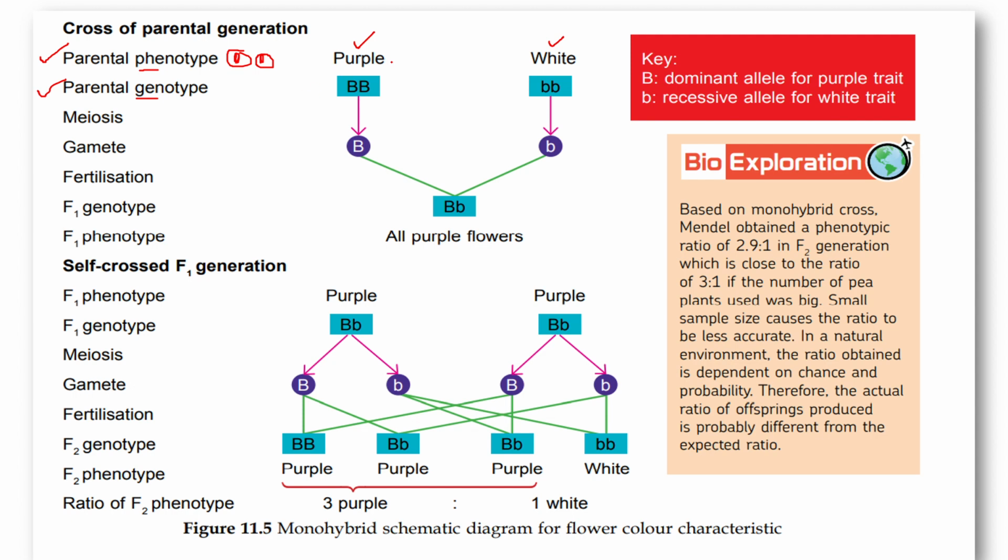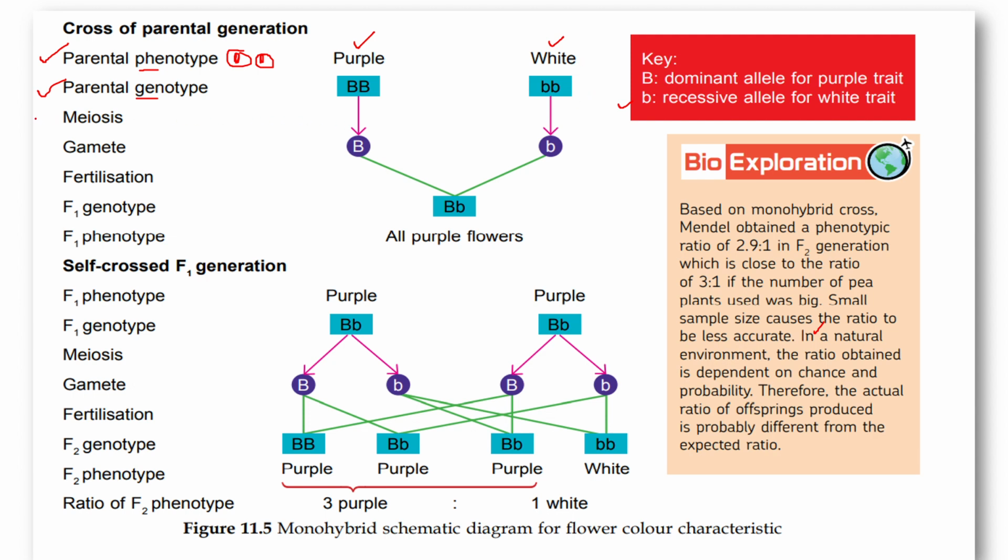Purple, since it is dominant, so we use both capital letter B to characterize purple. And for white, since it is recessive allele, you can look at the key over here, so we use both small letter b to characterize white flower.